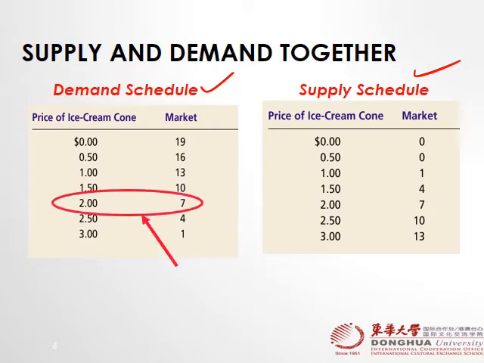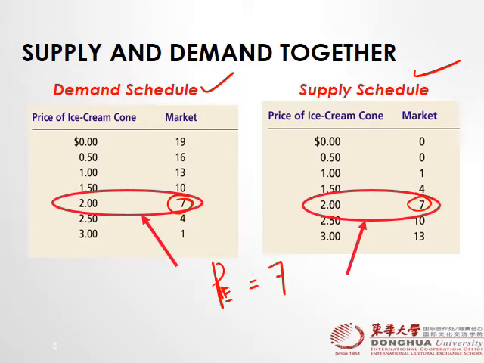When the price is 2, the quantity demanded is 7. When the price is 2, the quantity supplied is 7. So here we can say that the equilibrium price is 2 and the equilibrium quantity is 7, right?